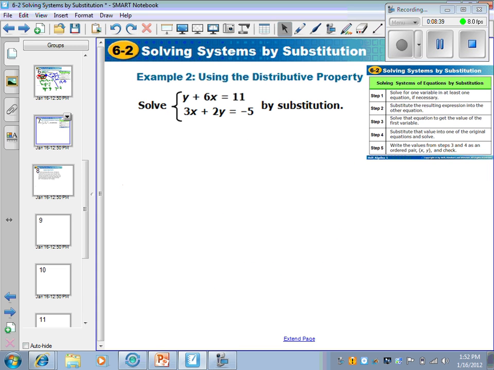The next example gives us something kind of unique, and you'll see why as I work through it. Step 1, solve for one variable in at least one equation. Well, neither one of these are solved for x or y. I'm going to simply take this equation and solve for y. Y is equal to negative 6x plus 11.